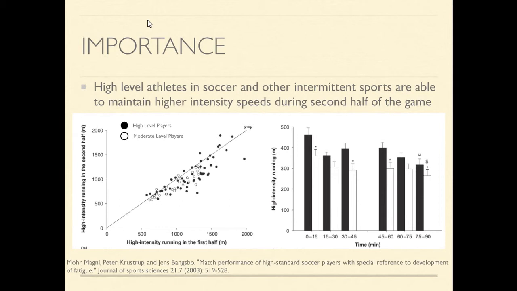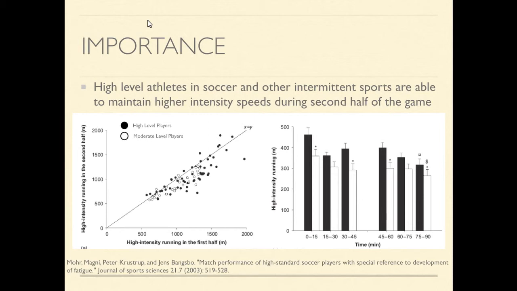If you look at graph B, or the right side of this graph, notice that from minutes 0 to 15 of the game through 90, essentially what we're seeing is that the ability to maintain high-intensity running is always higher in the high-level players, right? So basically that's an example of repeated sprint ability.